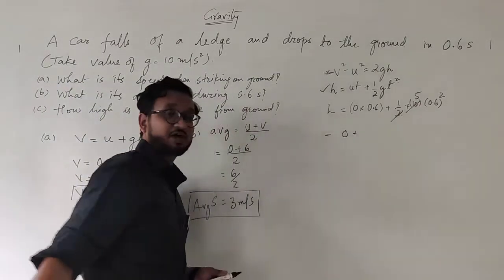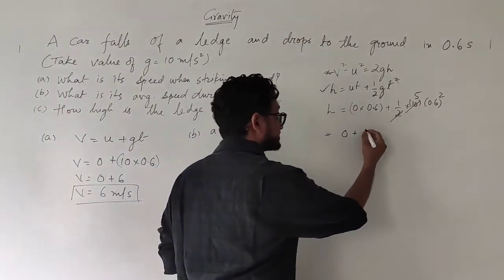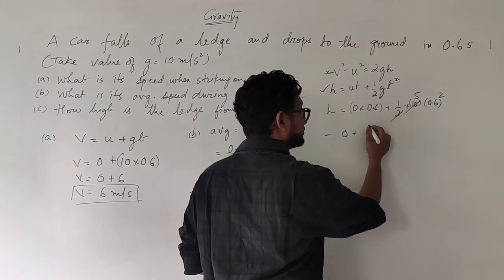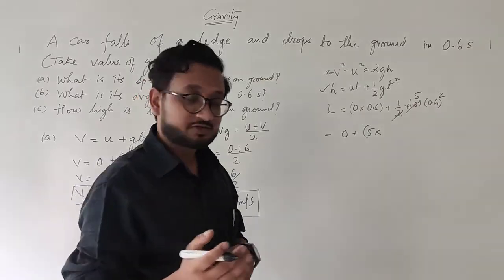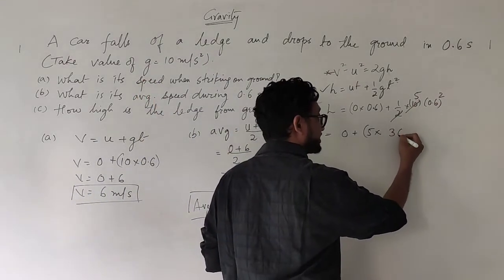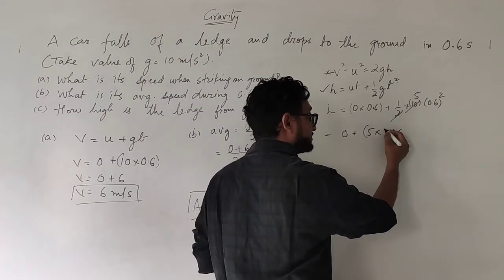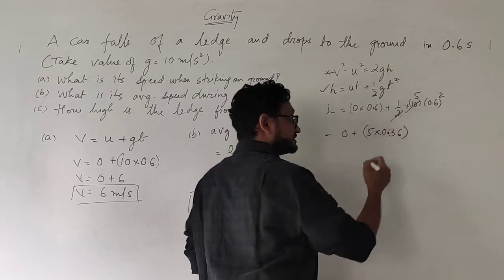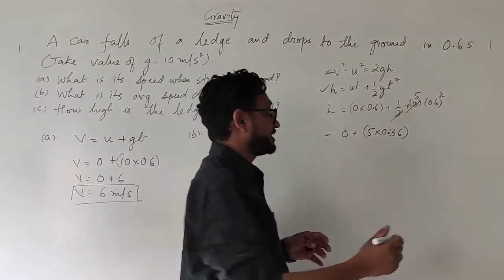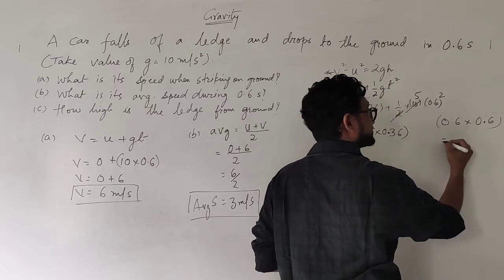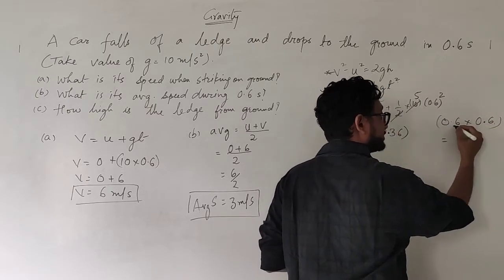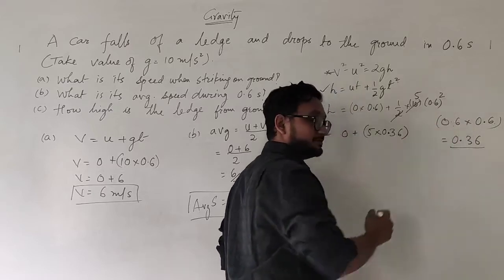So I will write 5 into 0.6 square. 6 into 6 is 36 and 2 decimal points, so I will get 0.36, because multiplying 0.6 into 0.6 will give you 36 and 2 decimal points, so 0.36.